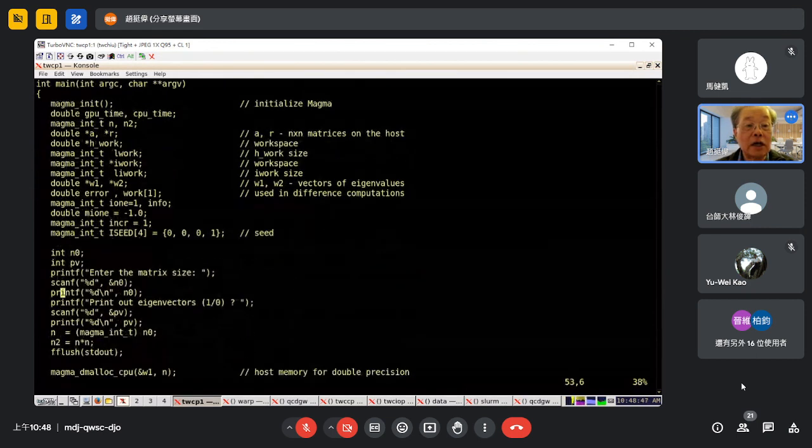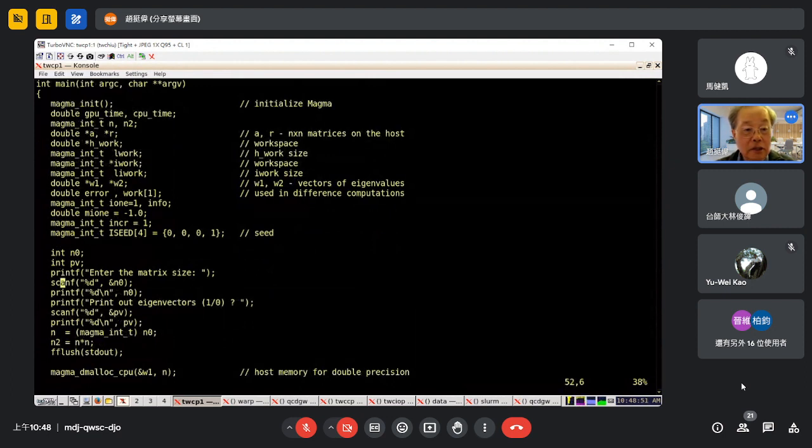Then we specify the matrix size, and whether to print out the eigenvectors or not.